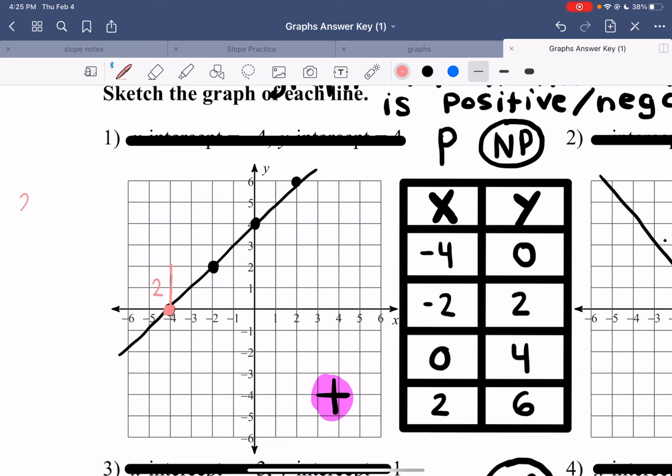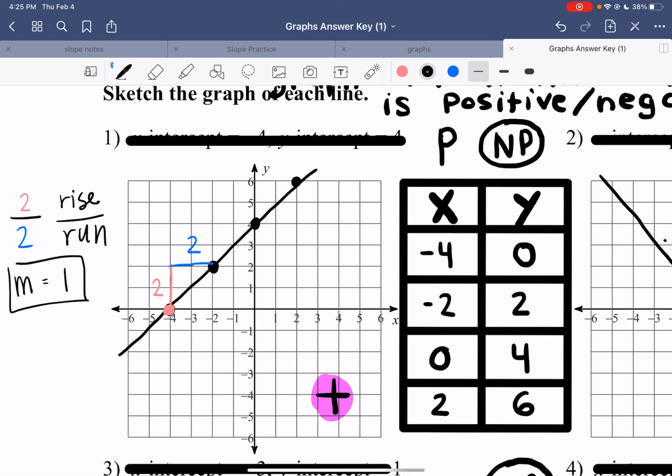So a rise 2 and a run 1, 2. So what you notice here, 2 divided by 2 is just 1, so your m, or your slope, is just going to be 1.